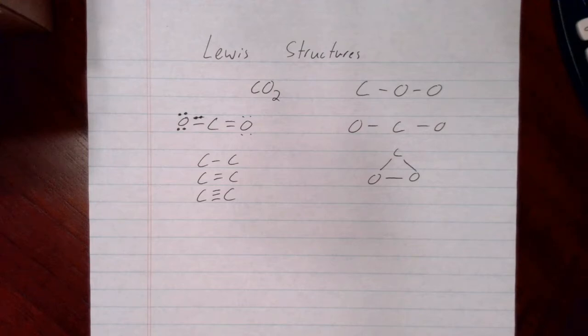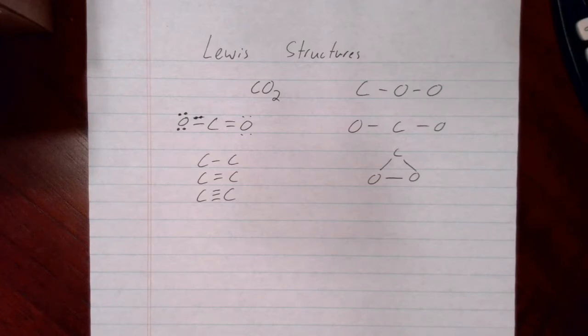But if you want to go ahead and make a note on your paper, the most common exceptions that we encounter are boron, phosphorus, and sulfur. Okay, those are our by far most common exceptions to the octet rule.